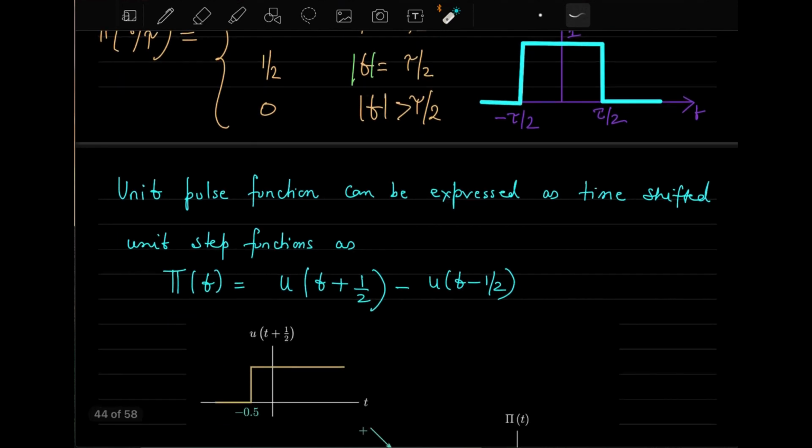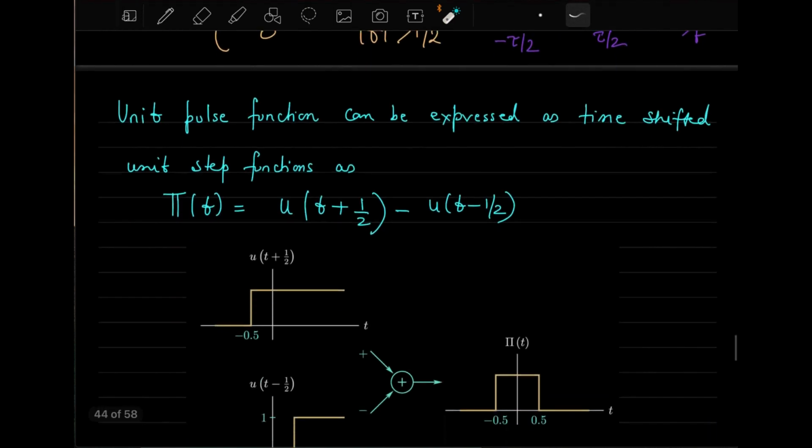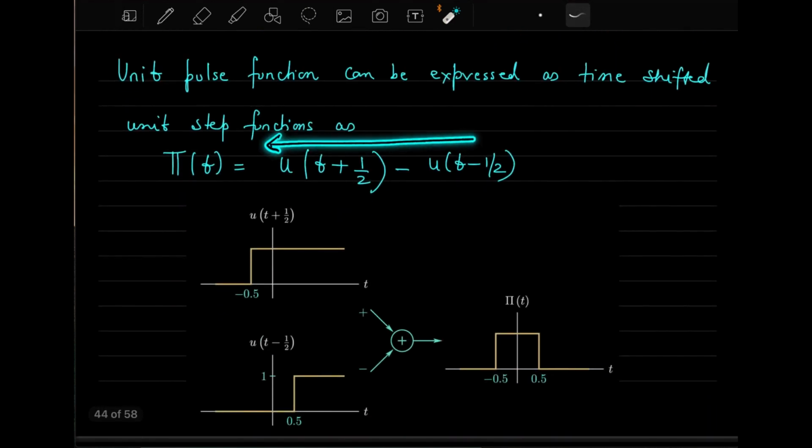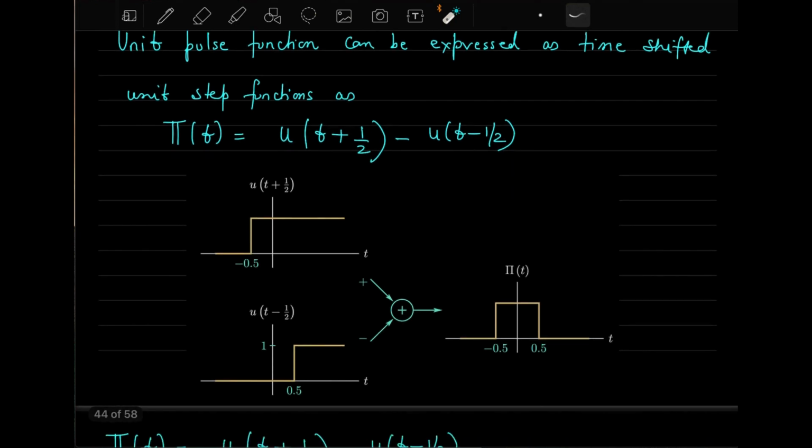So the pulse pi t can be created by using this operation, which is u of t plus half minus u of t minus half. Let us see how you can do that. If you take the unit step u of t and increment it by half, that is 0.5, then what result will you get? You will get a shifted step to the left side, as you can see over here.